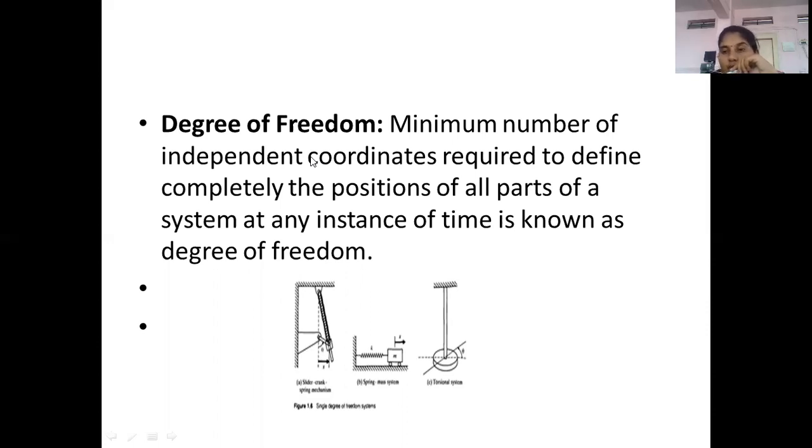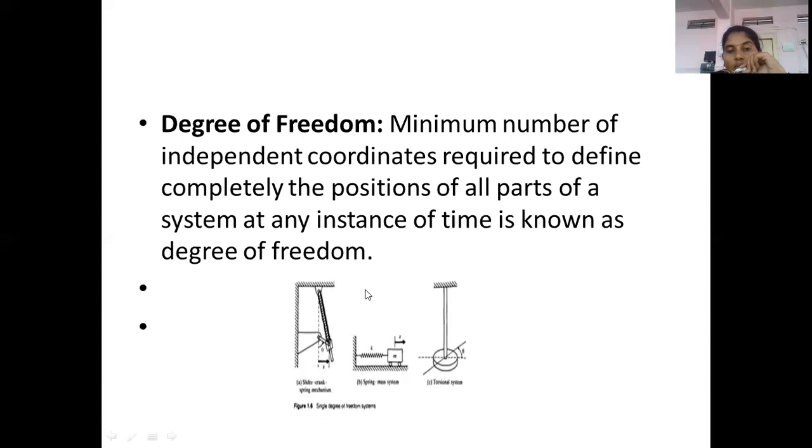Then there can be single degree of freedom systems or multiple degrees of freedom systems. A single degree of freedom system will be shown by a single degree, and a multiple degrees of freedom system will be shown by multiple degrees of freedom. I hope all of you understand this degrees of freedom system.